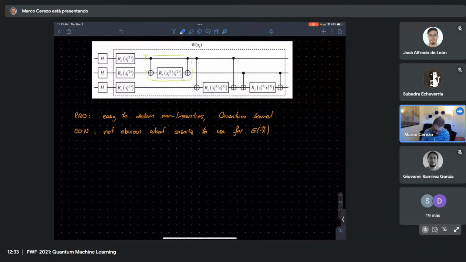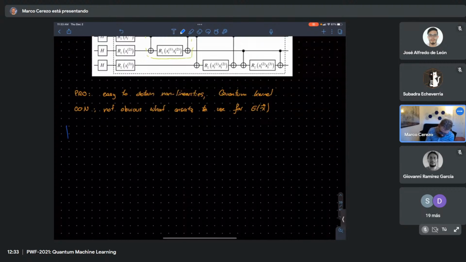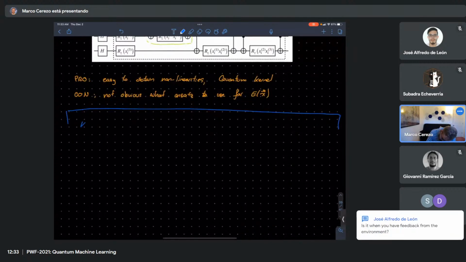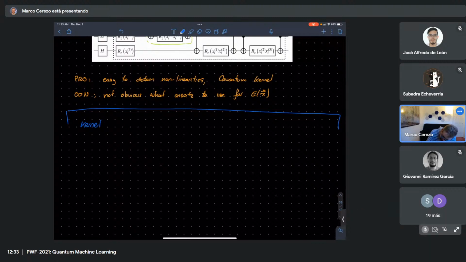So now we're just going to go into a detour of some concepts of classical machine learning. So let's talk about the kernel trick in machine learning.